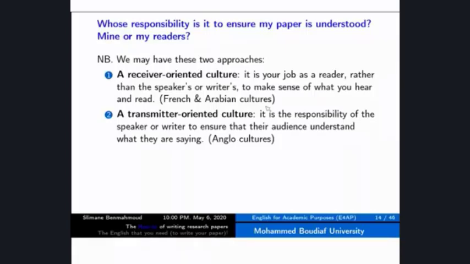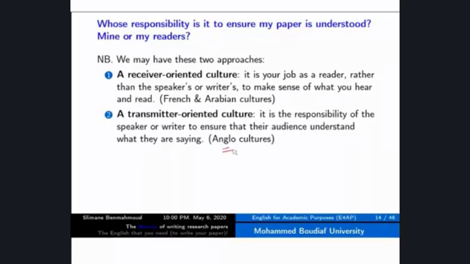Which is the culture I like more. It is the responsibility of the speaker or the writer to ensure that their audience understands what they are saying. And I gave here as an example the Anglo culture. So the speaker or the writer takes all the responsibility for his work.